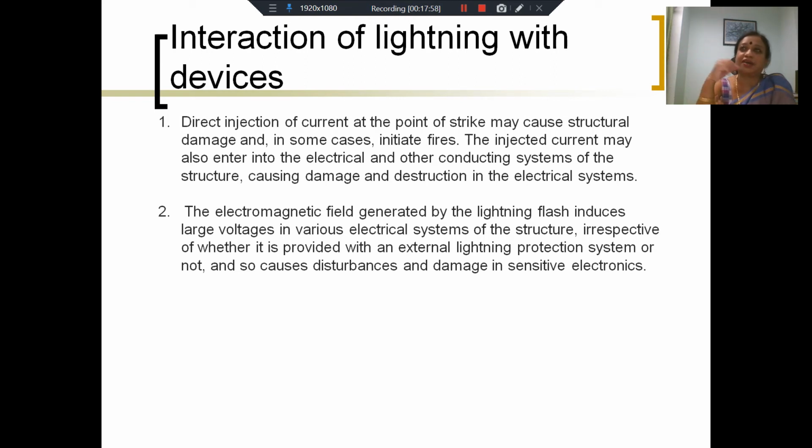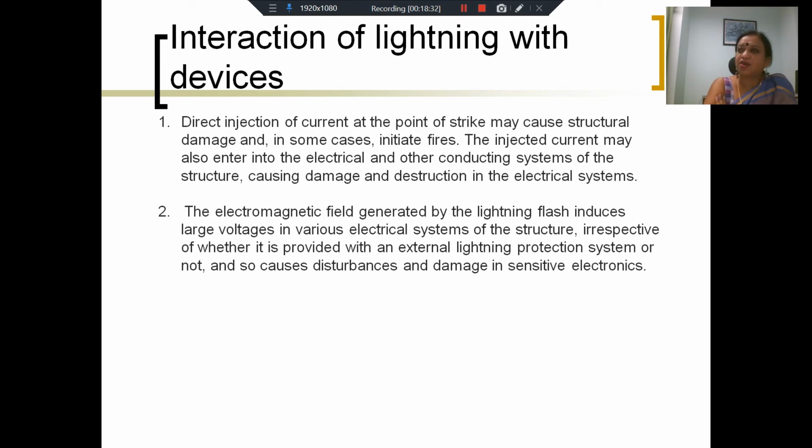Because when you inject current into a system that is part of a conducting system, that current is going to be conducted through the network, and this injected current may therefore enter into the electric and other conducting systems of the structure. And this can cause damage and destruction of the electrical system. So even if your whole house does not burn down, your whole electrical wiring might become completely defunct. So this is when you have a direct strike.